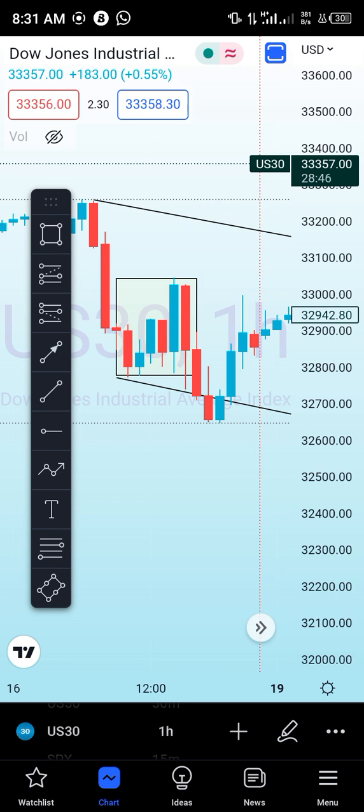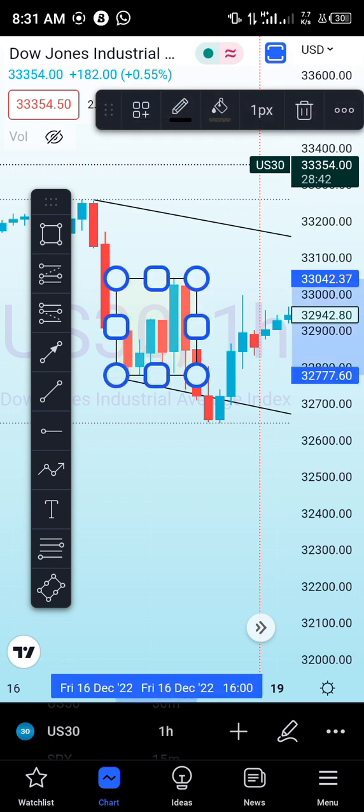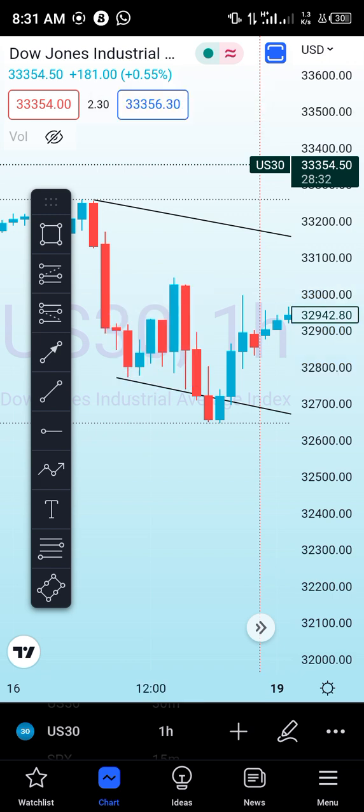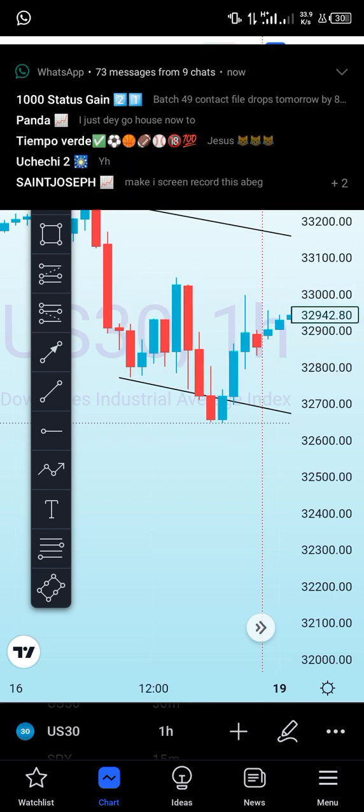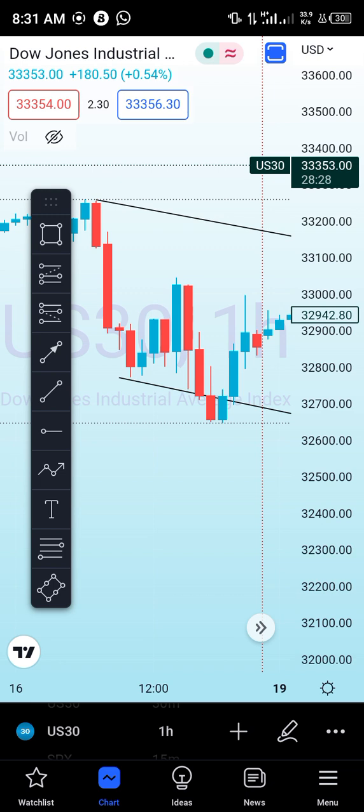That's what makes it a pullback, when the market retraces from 40% to 60% of the bull or the bear momentum. This candle here is a bear momentum candle. You can see how big the body is. That shows you that this is a bear candle with momentum.